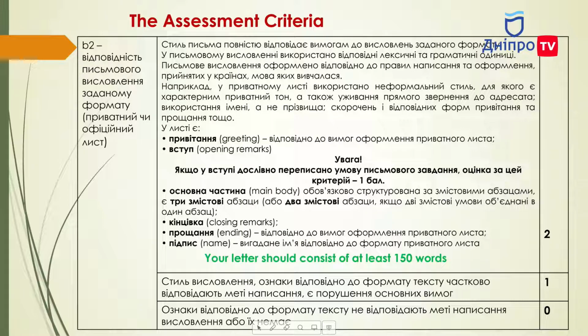Those styles which we have mentioned today, and you must include all the characteristics of a particular style which we discussed earlier. So, if you have a correct structure, if you have greetings, opening remarks, you have several paragraphs, closing remarks, ending, and your name, then you have 2 points.